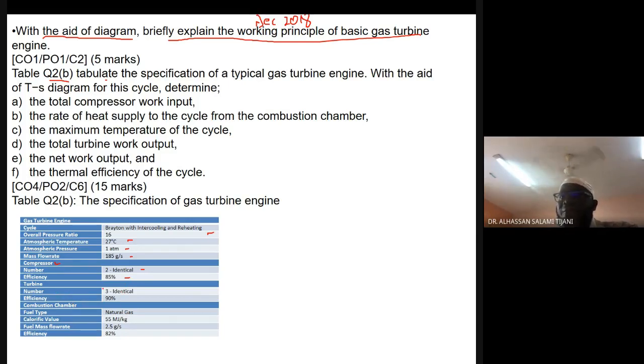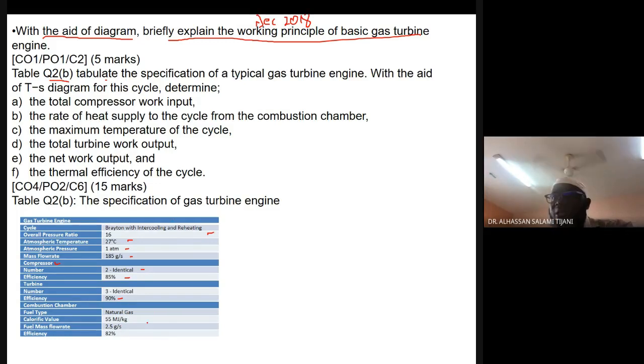Similarly, we have three identical turbines. You understand? So whose efficiency is 90%. And then we have the natural gas, okay, the calorific heating value, mass flow rate.